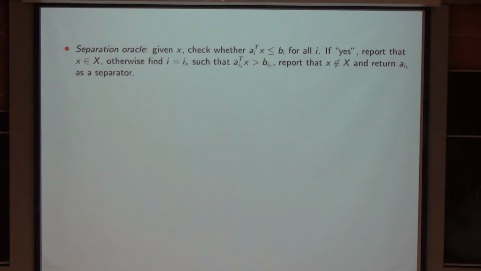Let's say that there is A_j transpose x which is larger than b_j. It's clear that the linear form with vector A_j will be the separator. The value of this linear form at x will be larger than the value of this linear form at any point y which is in capital X.